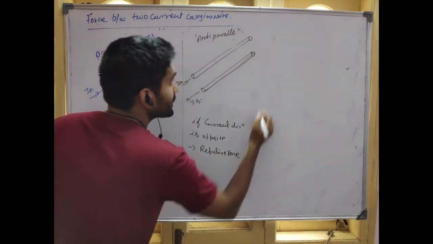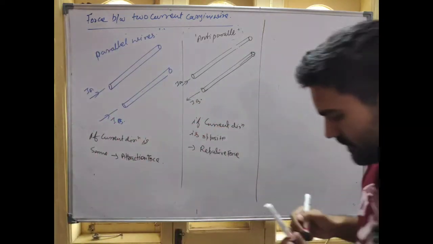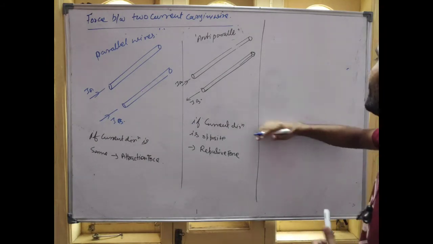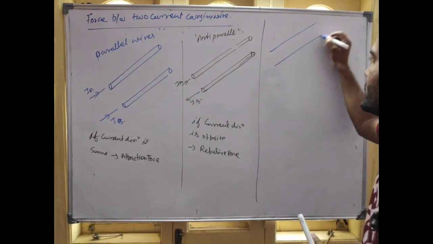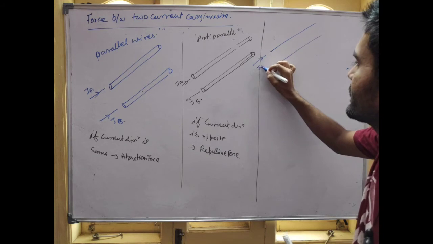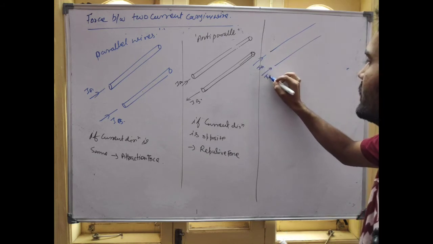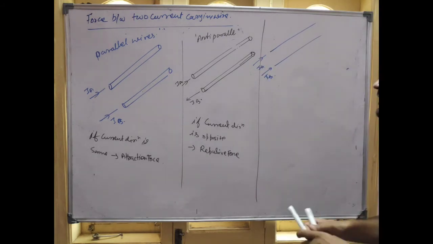Okay, one more thing I am going to tell you here. See, guys, if I take two wires like this, and I_A is like this, I_B is like this, what is the expression we got for the force?